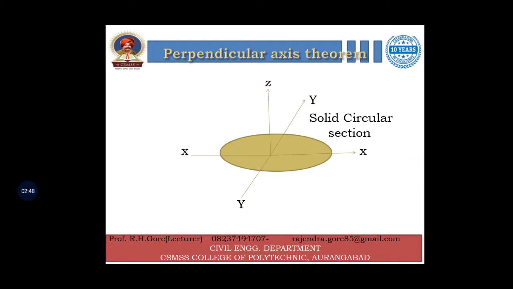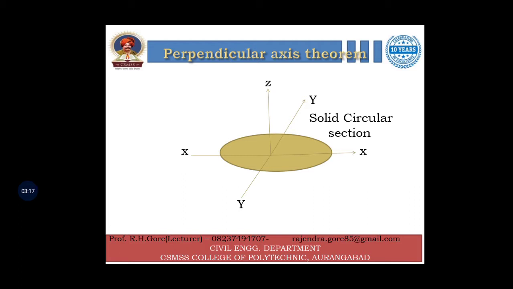Means what? Consider a solid circular section having a horizontal XX axis and YY axis passing through its CG, and the third Z axis is perpendicular to the plane of the section and intersecting at the intersection of the two mutually perpendicular axes.